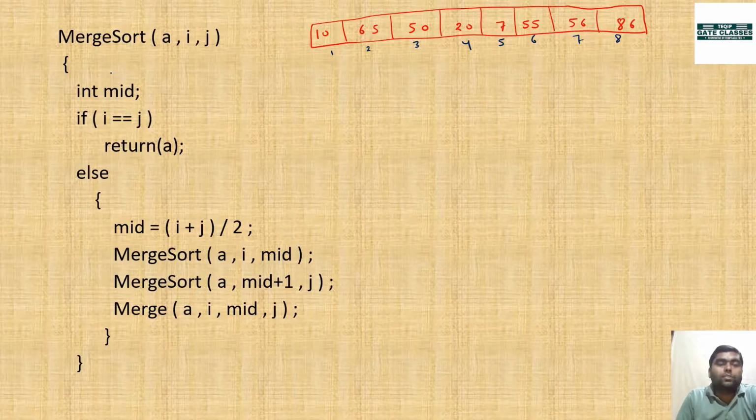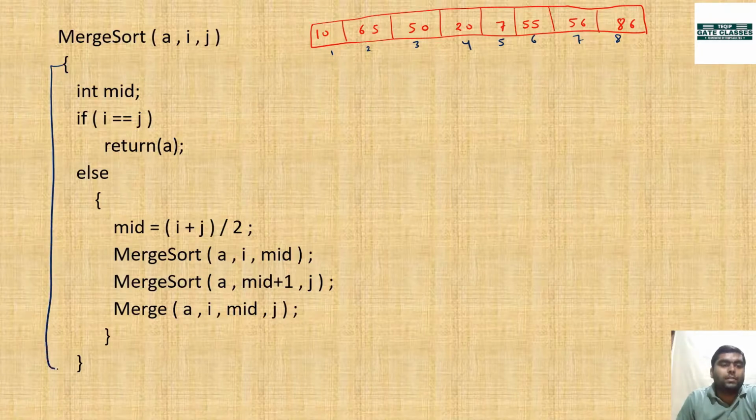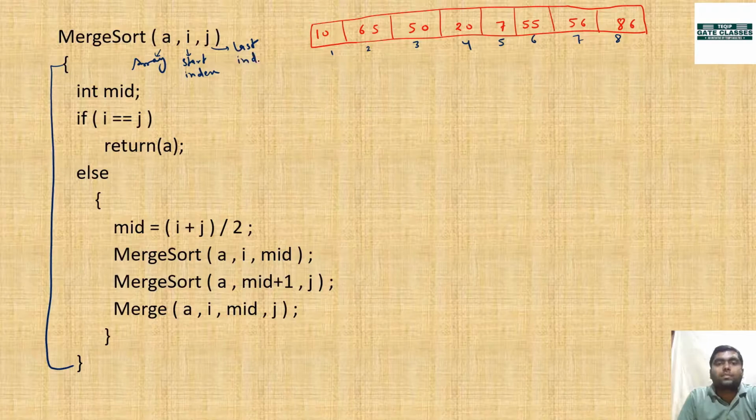So it is merge sort. Merge sort starts from here and ends till here. So this is the size of array. A is the array, this is the start index, and this is the last index of array.